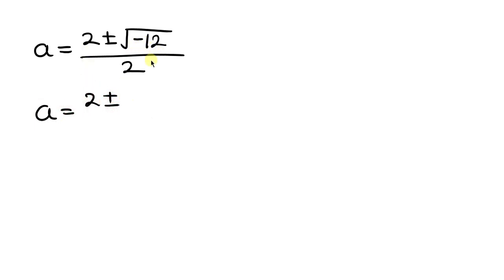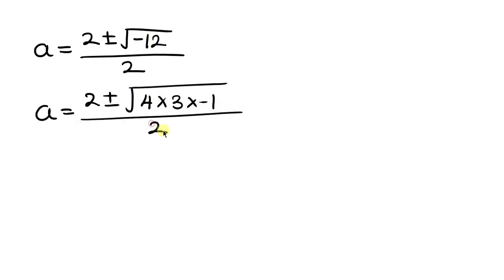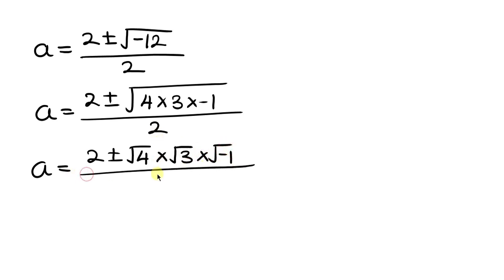So a is equal to 2 plus or minus. Now negative 12 can be simplified into 4 times 3 times negative 1, all over 2. Now separating this, we have a equal to 2 plus or minus the square root of 4 times the square root of 3 times the square root of negative 1 all over 2.